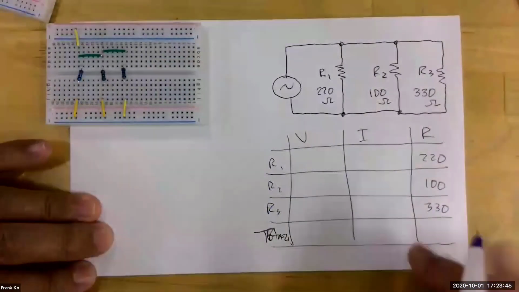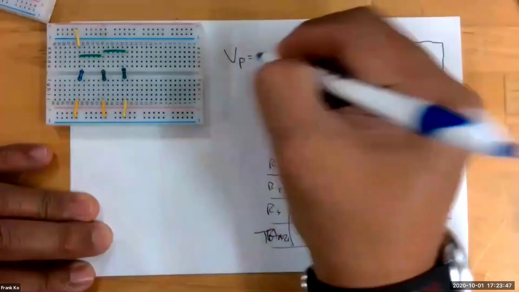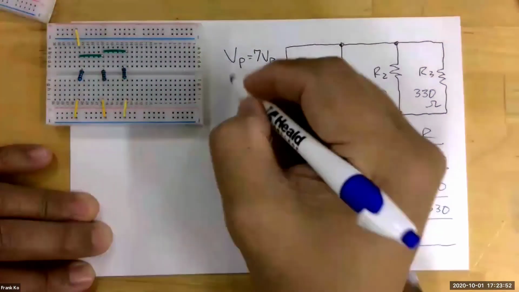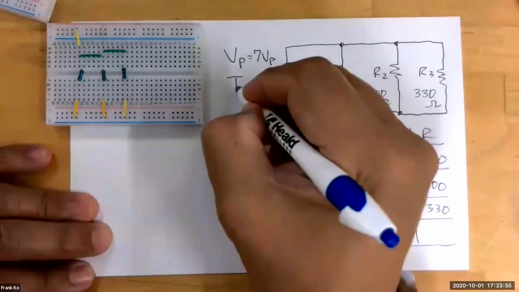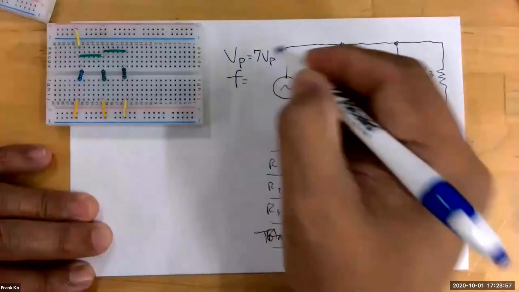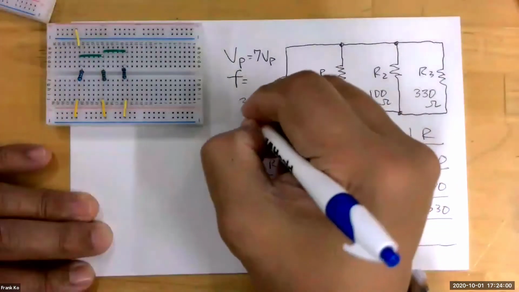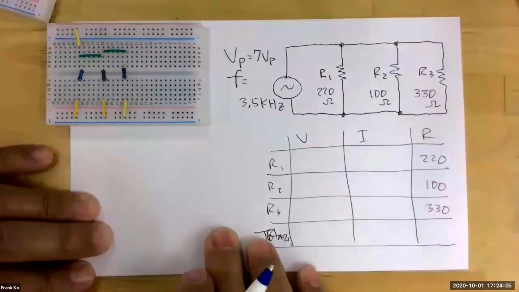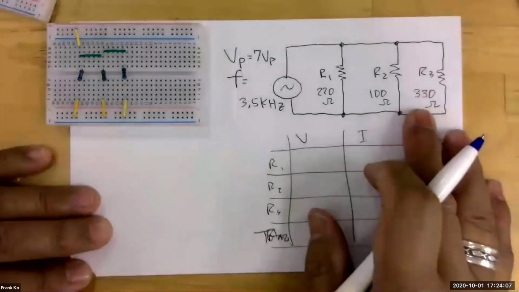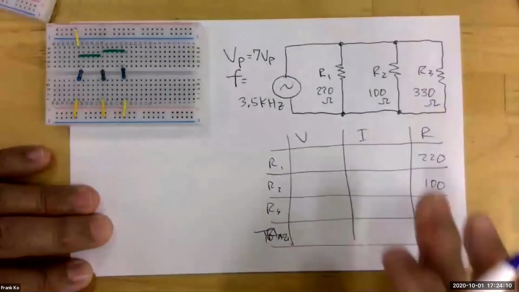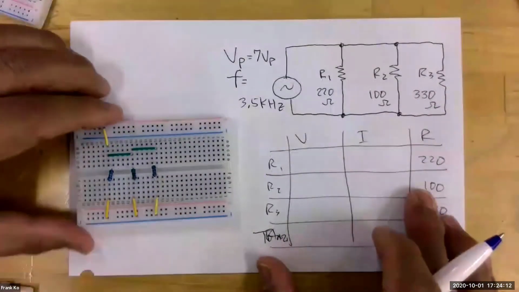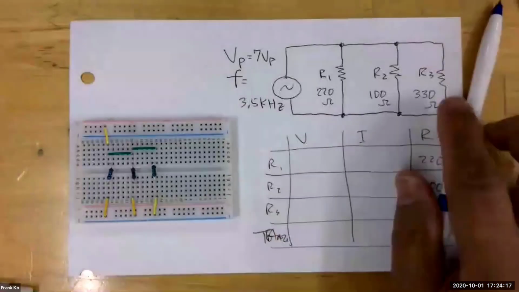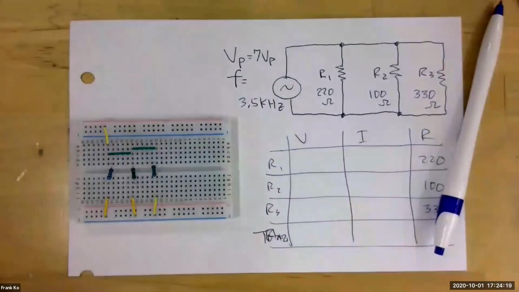I'm going to select VP equal to 7 volts peak, and my F, F is equal to, I want to say, 3.5 kilohertz. So those will be the parameters that you're going to be using for this table analysis, and those will be the same parameters that we will be building in Multisim. So using these parameters, I'll show you how easy it is to set up in Multisim.